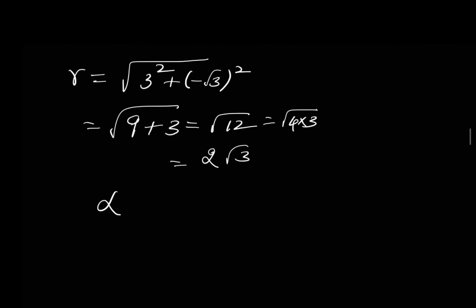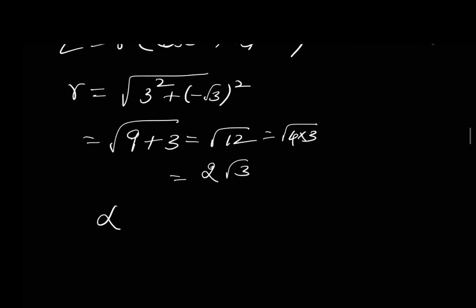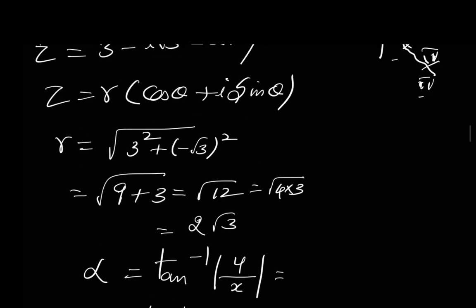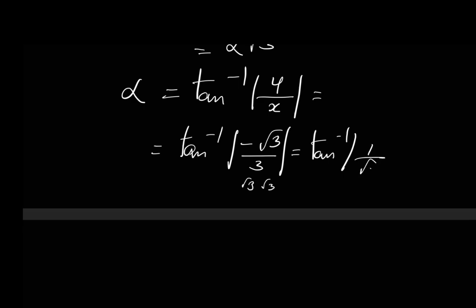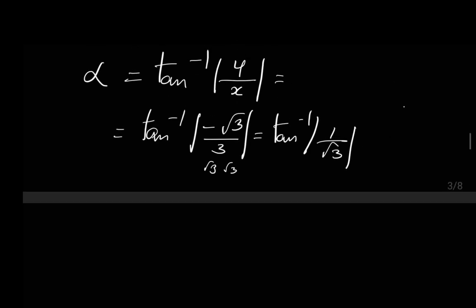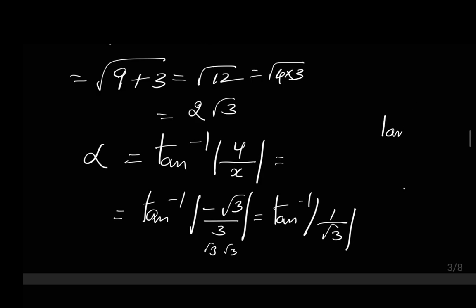So what is our alpha here? The angle made by the line with the x-axis, alpha, is tan inverse of the modulus of y by x. So tan inverse of, the y value here is minus root 3 and the x value is 3. We always take the positive value. 3 I can write as root 3 into root 3, so one root 3 gets cancelled, giving 1 by root 3.